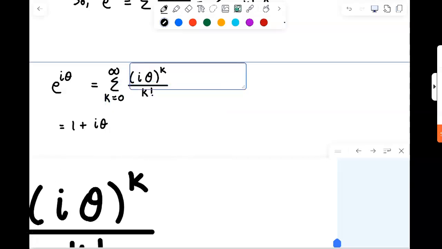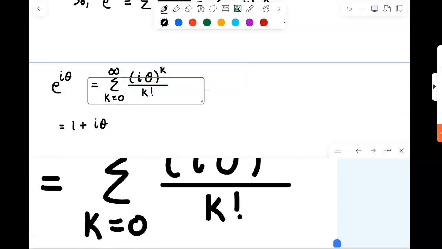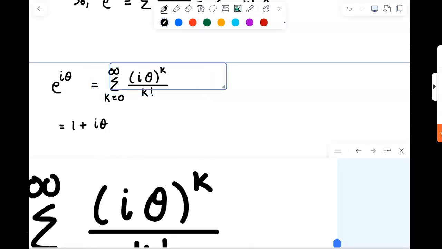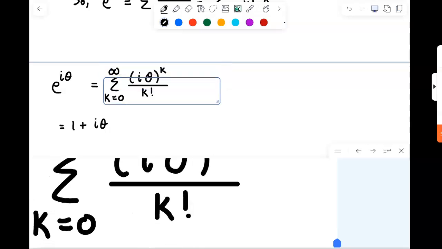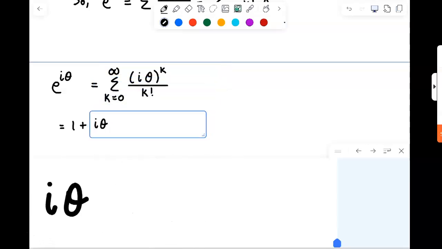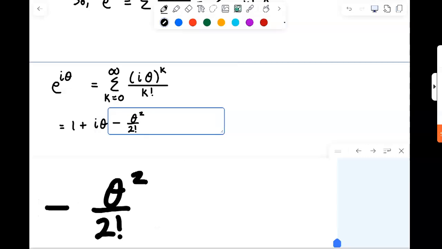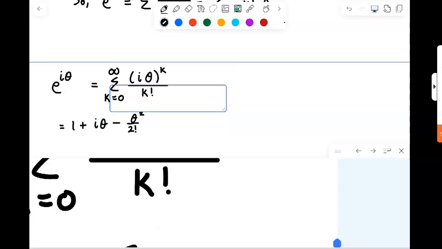k equals 2. We would have i squared, which we know is negative 1, times theta squared all over 2 factorial. So this would actually be minus theta squared over 2 factorial. I'm going to keep it as a 2 factorial there rather than writing 2 because I want to look back at this later.